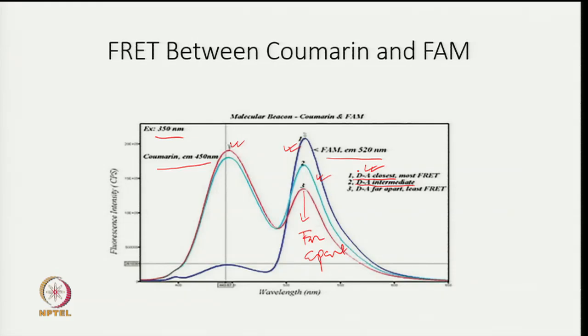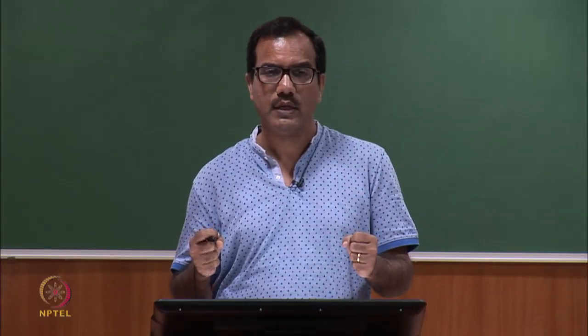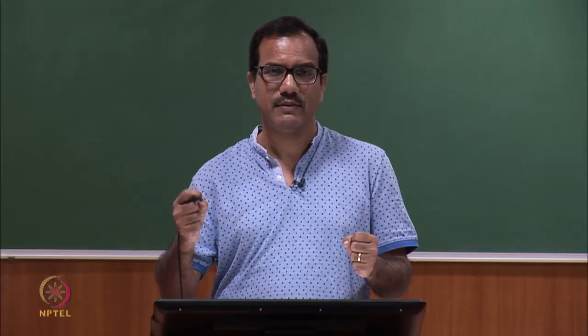So, when D and A are closest, then you can see that there is a maximum FRET. When D and A are far apart, then FRET is least. So, the increase in fluorescence intensity of acceptor will depend upon the distance between coumarin and FAM.